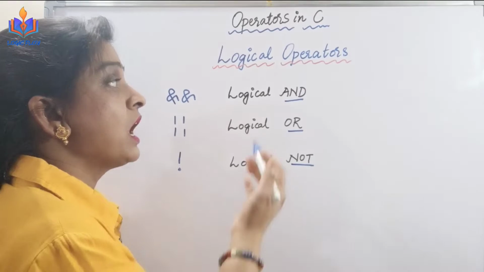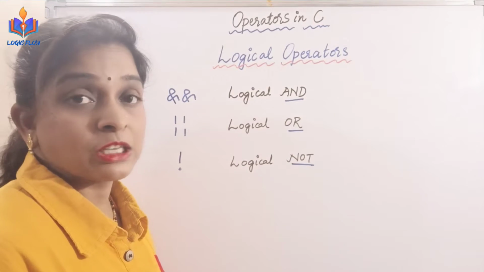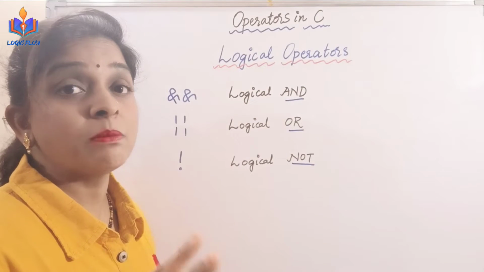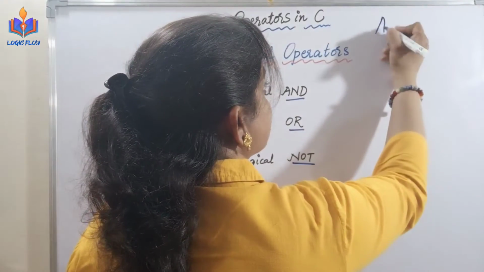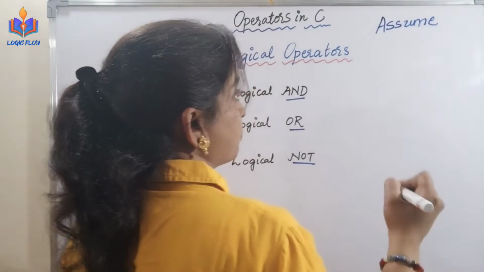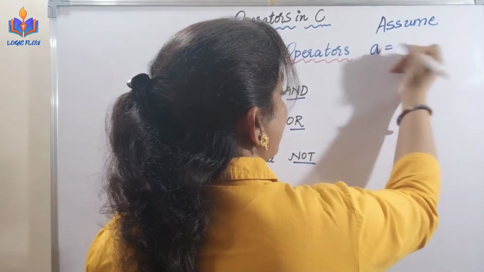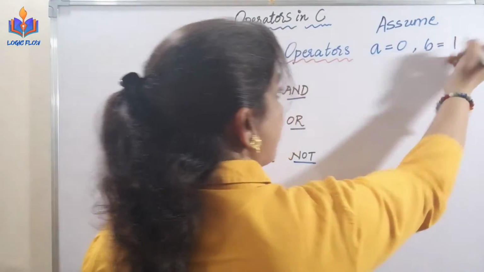Now let us see how this is going to work with operands. As a logical operator is a binary operator, obviously it requires a minimum of 2 operands. Let us see how these logical operators work. With 2 operands, I take A equal to 0 and B equal to 1.